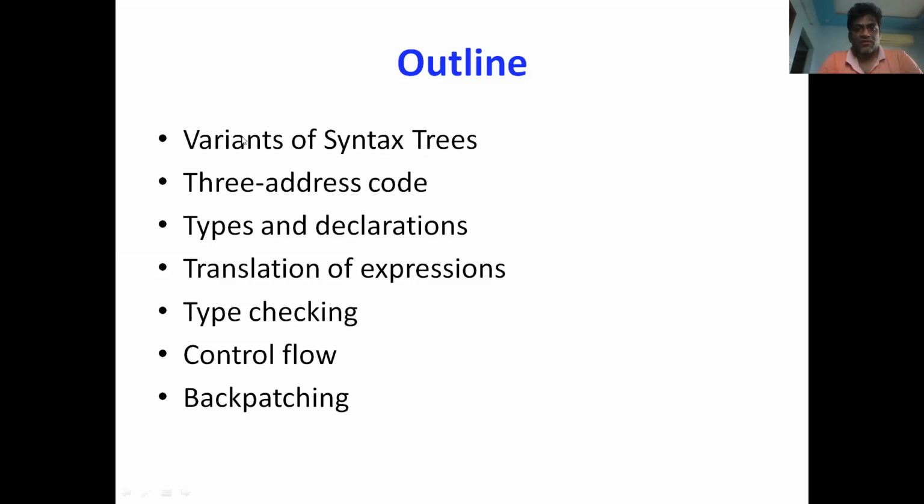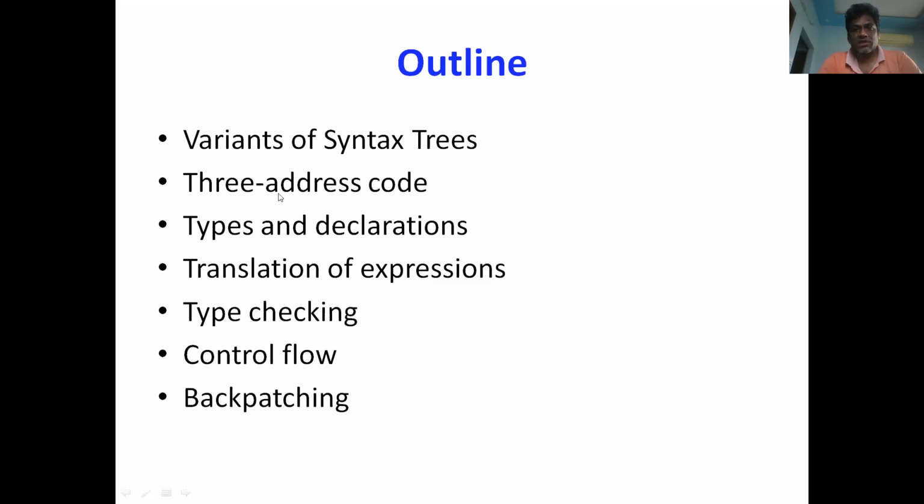With the help of these three address code representations we will see how to represent several constructs of a programming language, such as type declarations, translation of expressions, type checking, and control flow statements. And finally, we discuss the backpatching technique, which can be applied on these intermediate codes.